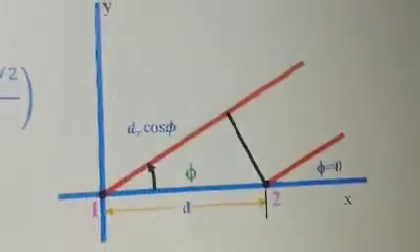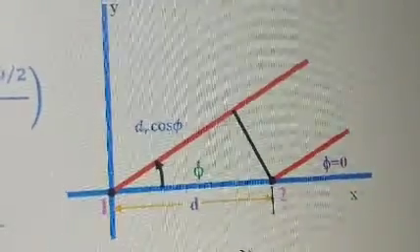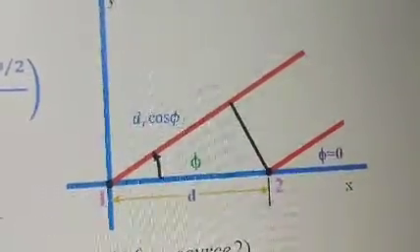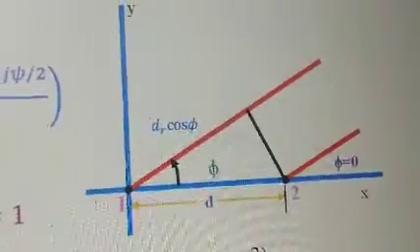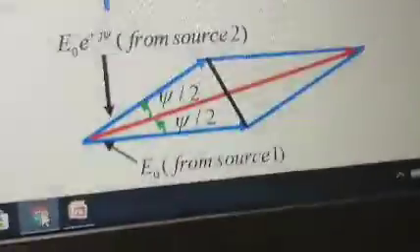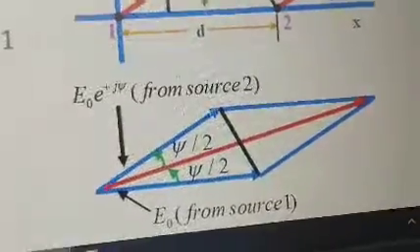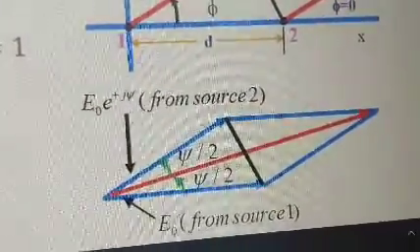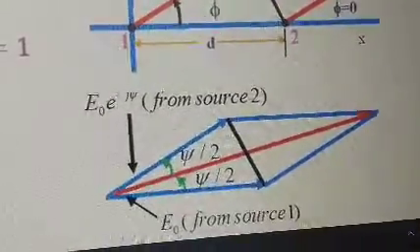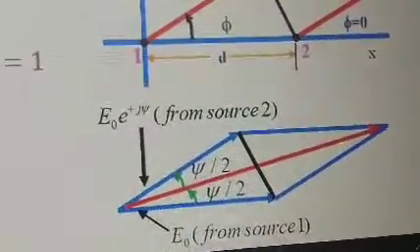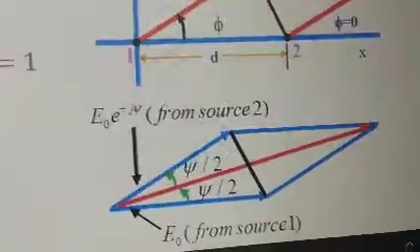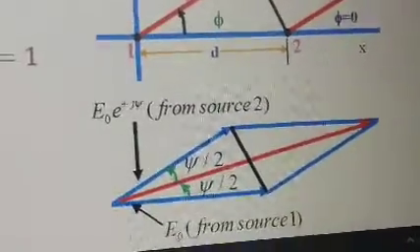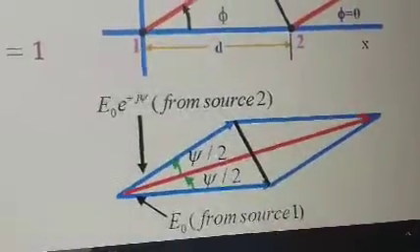For this case, isotropic point source 1 is located at the center, hence the angle is 0, and e raised to 0 is equal to 1. Hence e raised to plus j psi by 2 from source 2 and e raised to minus j psi by 2, where psi is equal to 0, gives e raised to 0 equal to 1.